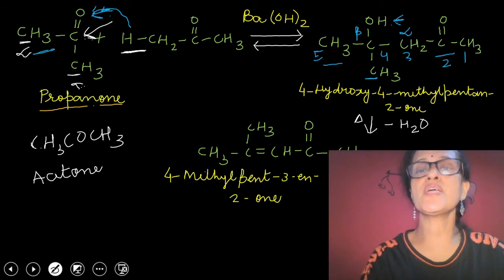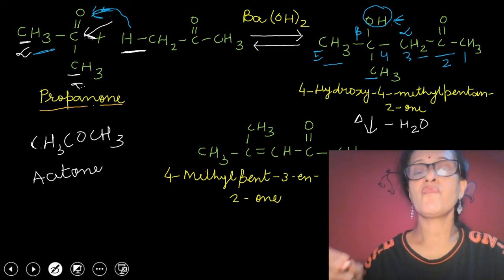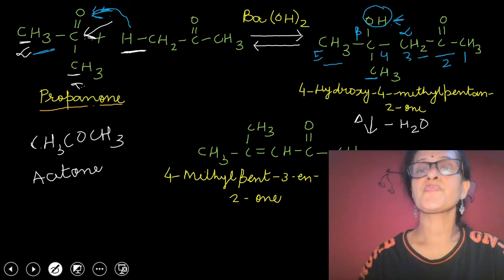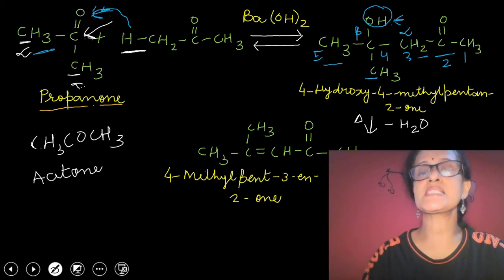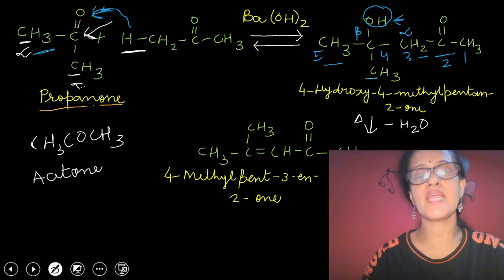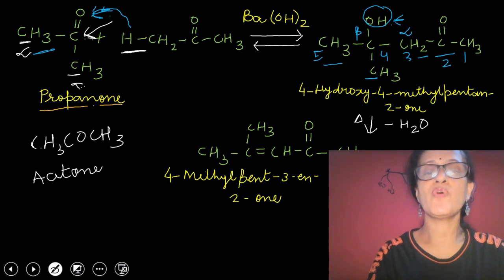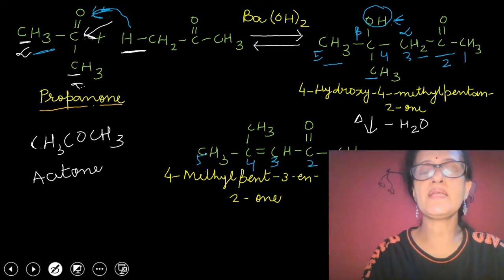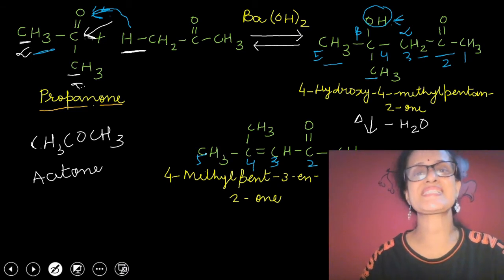From the beta carbon atom OH is lost, and from the alpha carbon atom one hydrogen is lost. They form an H2O molecule. So the resulting product will be CH3, single bond C, CH3, double bond CH, single bond C, double bond O, CH3. The name of the compound will be 4-methyl pent-3-en-2-one. I hope it is clear to you.